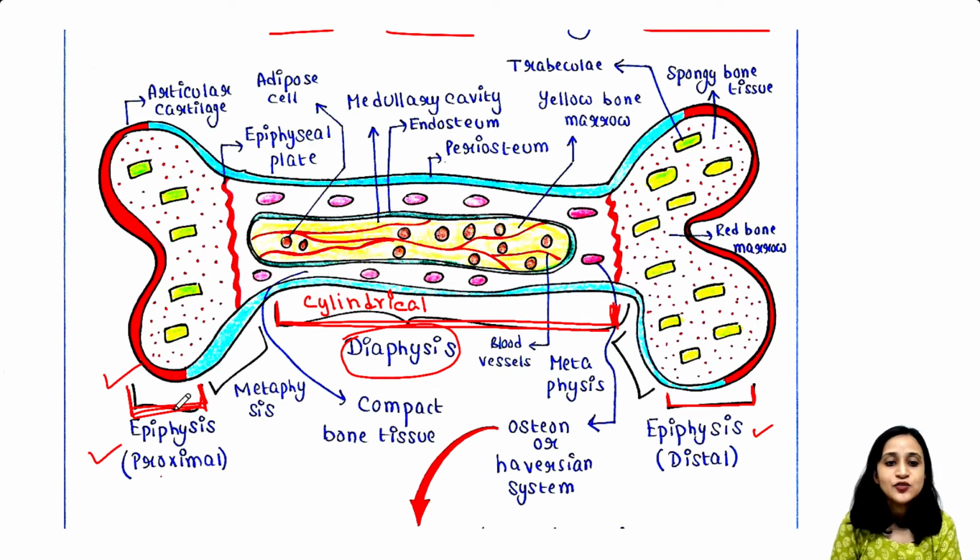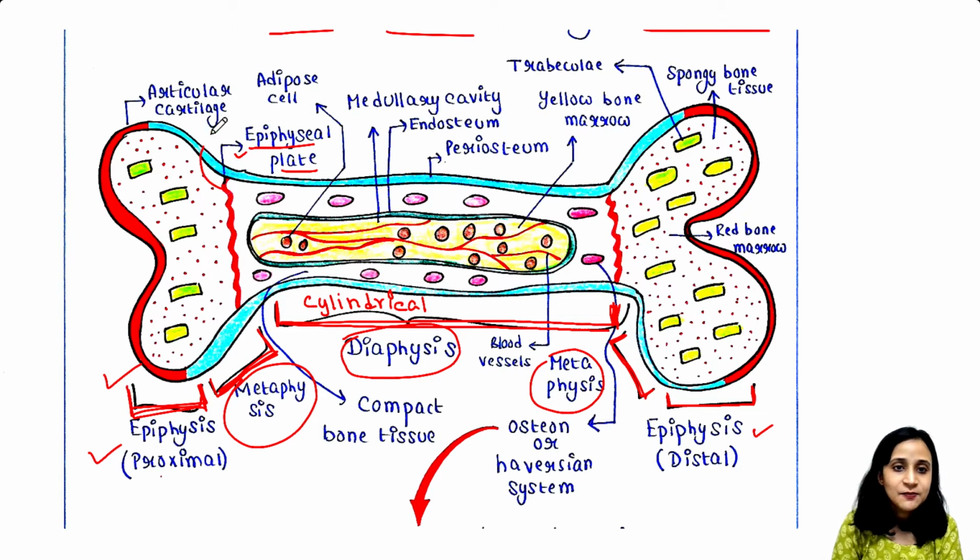Here in between epiphysis and diaphysis, there is one more part, that is called metaphysis. Metaphysis is present here and here, the in-between part that is present between epiphysis and diaphysis.